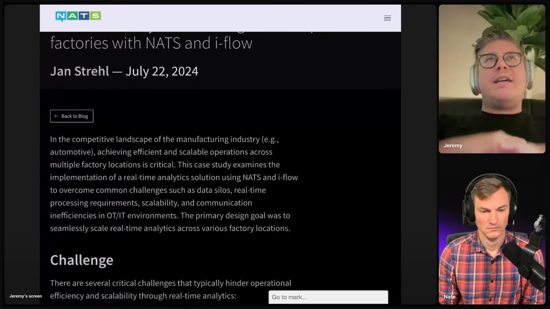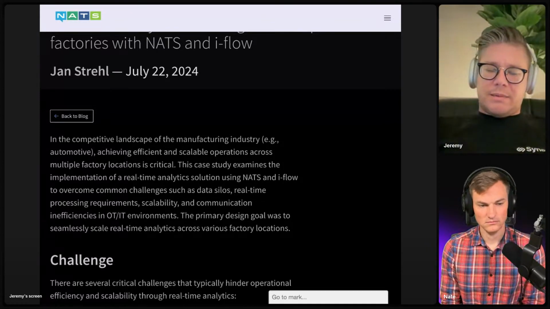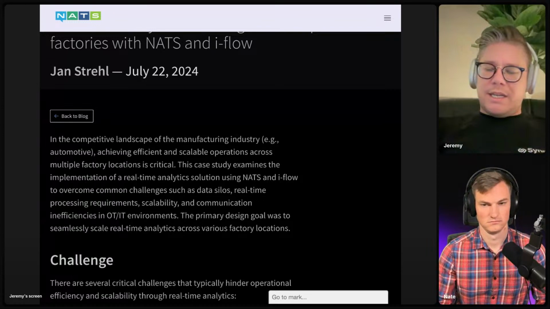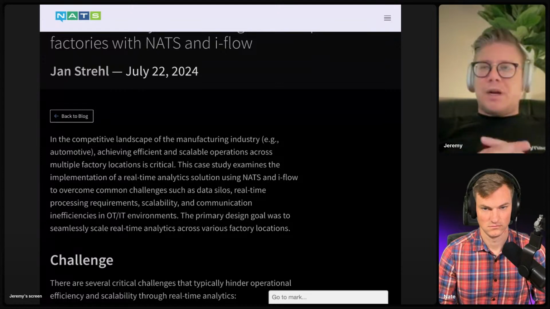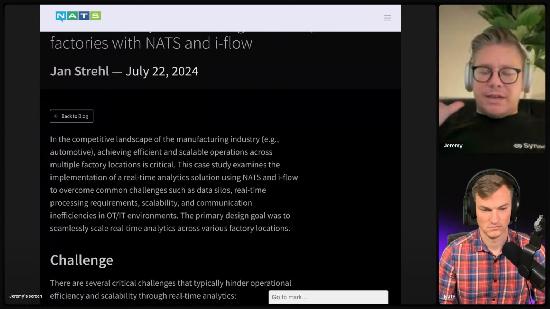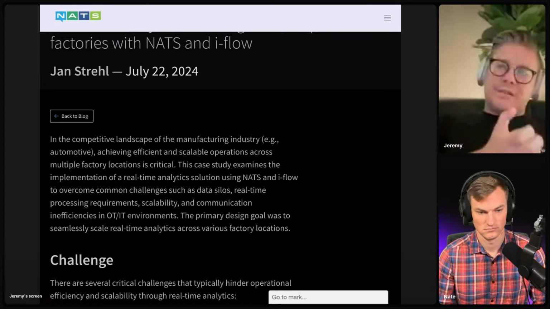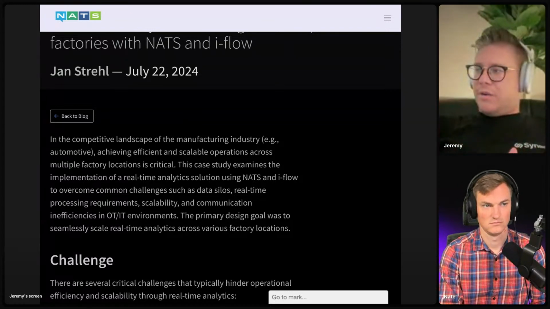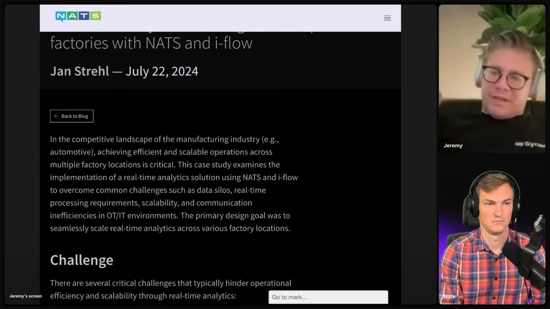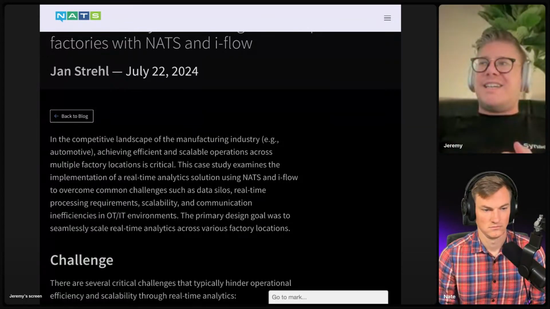We have been seeing this trend at Synadia, and of course people using NATS, of wanting to create a bit more autonomy inside of these sites. Whether that site is a retail store, a factory floor, an electric vehicle charging station, or a parking garage.